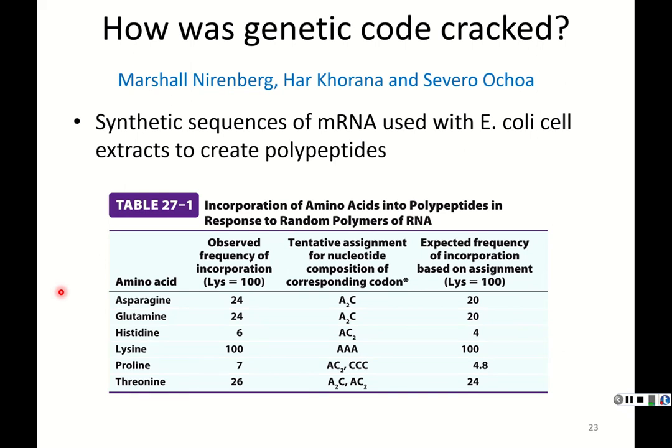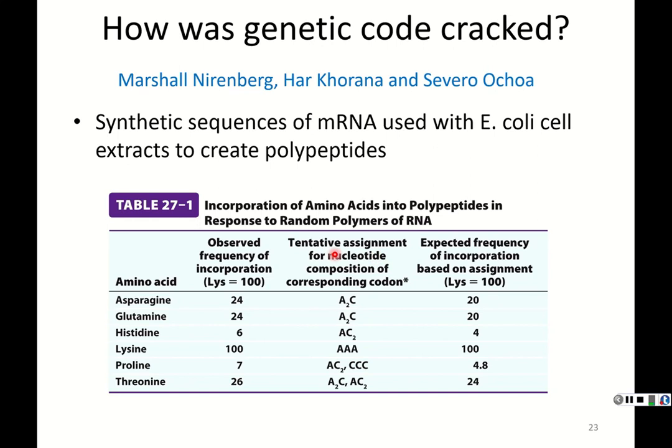Okay, how was the genetic code cracked? Well, this group used synthetic sequences of messenger RNA with E. coli cell extracts to create polypeptides. And they observed the frequency of incorporation of certain amino acids shown here. Lysine was 100.